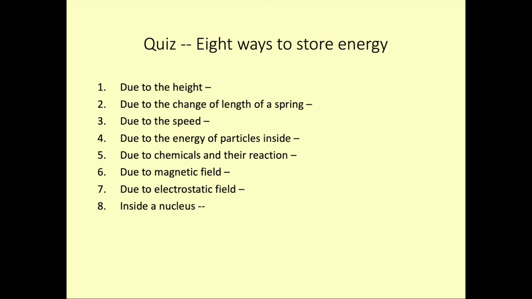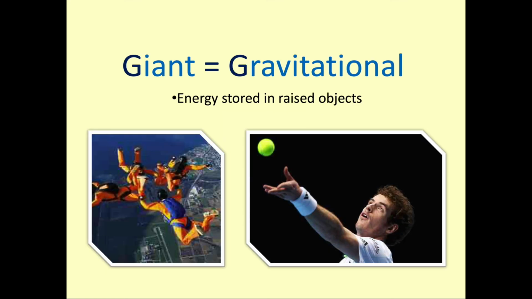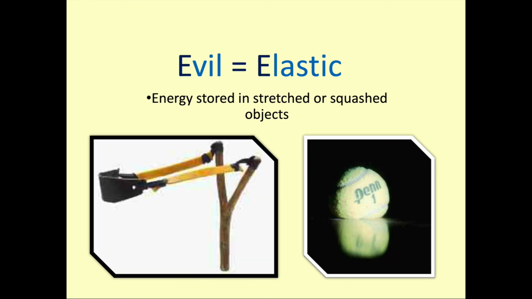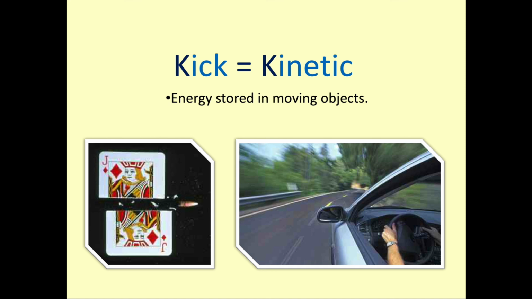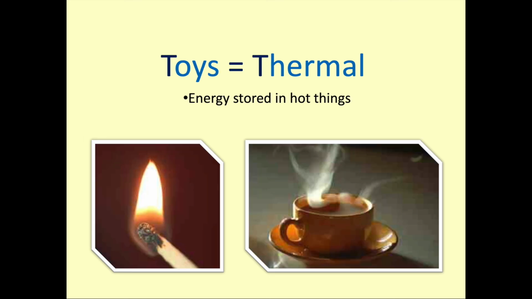So final quiz are 8 ways to store energy. So 1 to 8, pause the video, have a go. And now I'm going to whiz through the answers in order. So gravitational, this is our energy stored in raised objects. Elastic, energy stored in stretched or squashed objects. Kinetic, our energy stored in moving objects. Thermal, energy stored in hot objects.